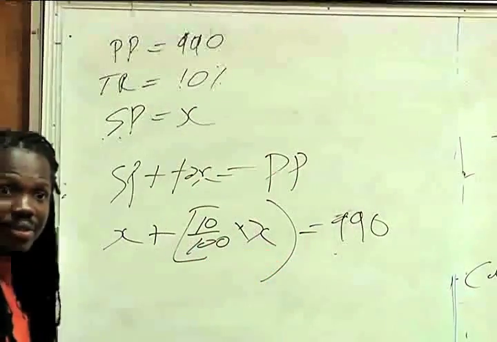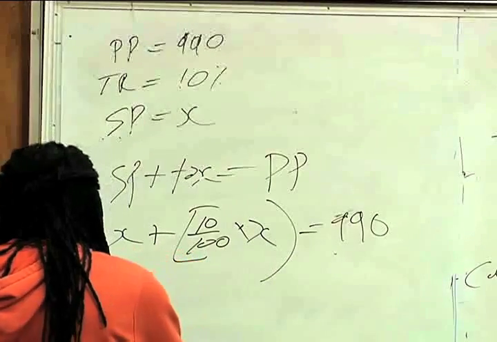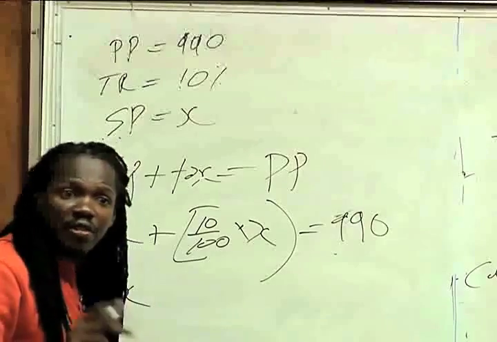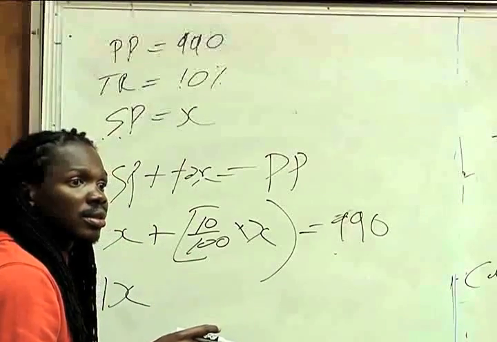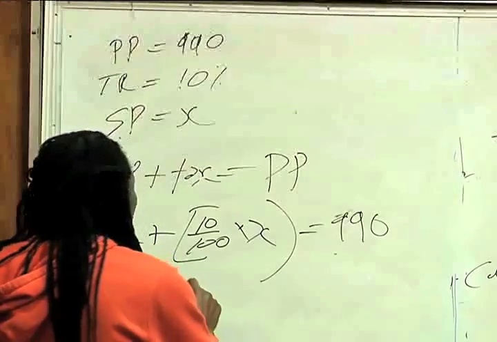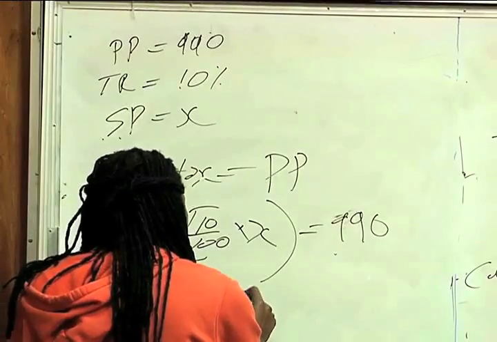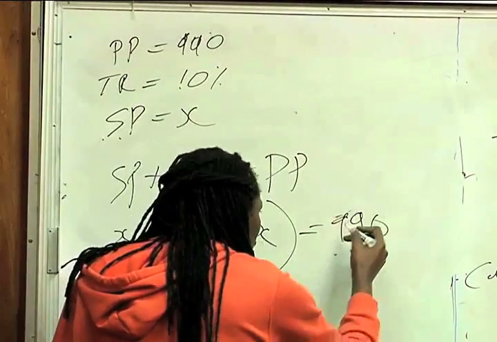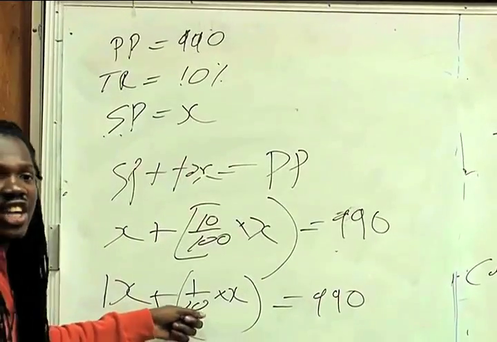They told us. Then we come and say that 1x, because I want you to see that x is 1x, plus 1 over 10 times x equal to 990, not true? 1 over 10 transform to a decimal.